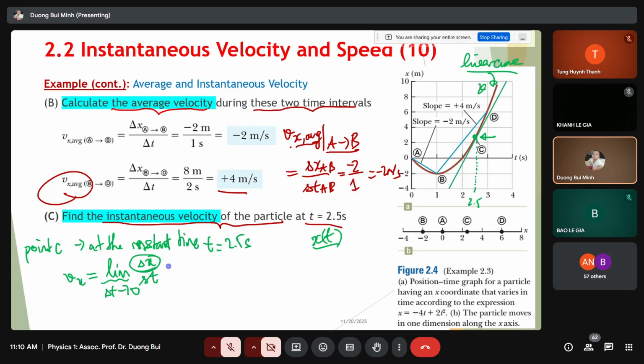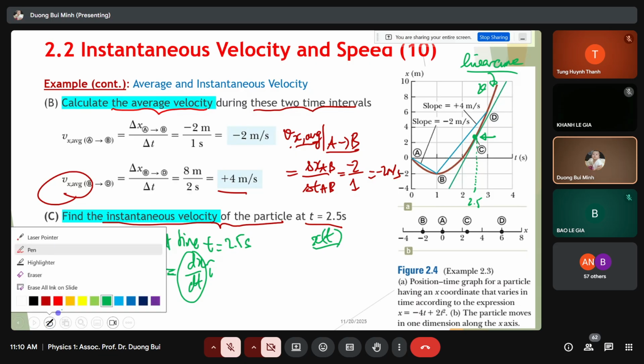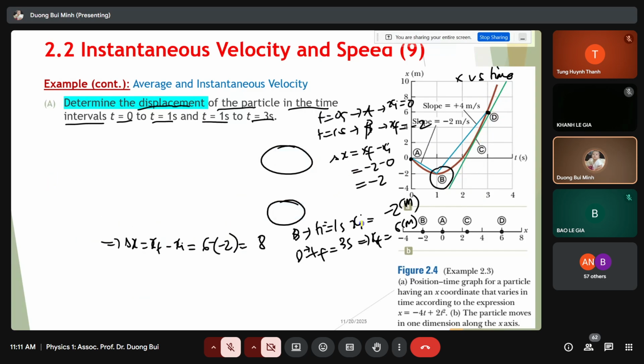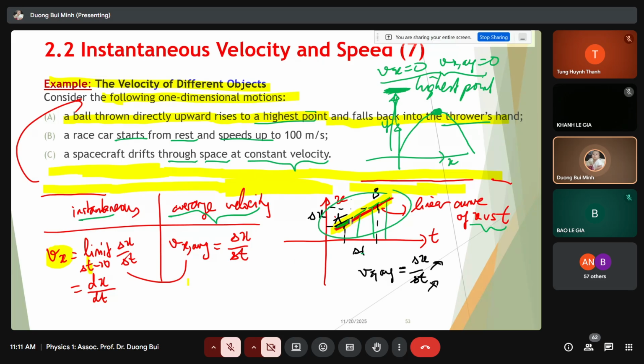But you should remember we have the tangent line. That means dx over dt is the tangent line. If you can draw the tangent line like this, as I mentioned before, here this is the tangent line, right?